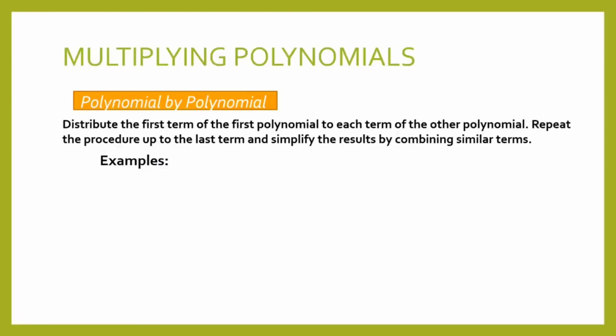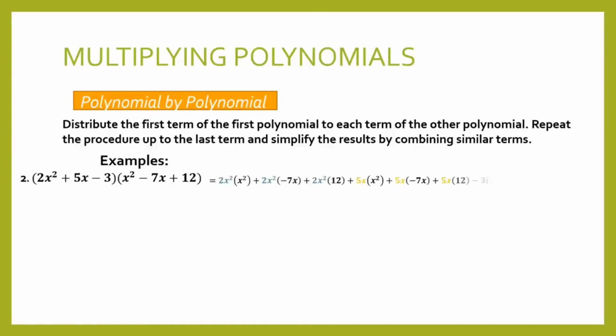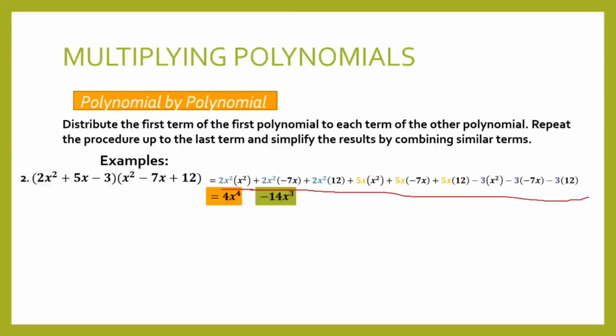Let's move on to example number 2. This time we have the quantity 2x squared plus 5x minus 3 times the quantity x squared minus 7x plus 12. So when we distribute, we will have these pairings. After that, we multiply each term or each pair.